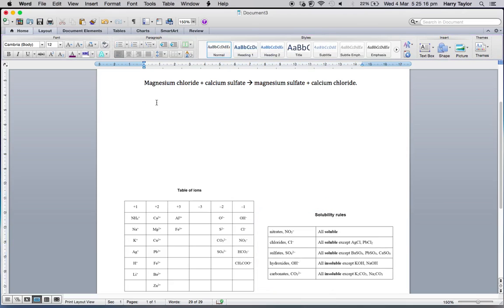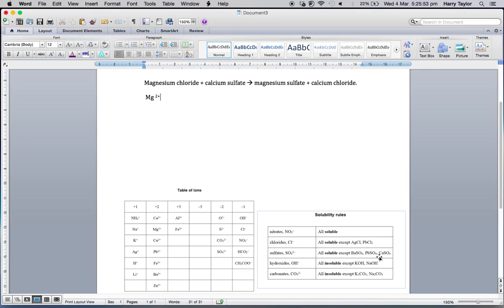So if magnesium is Mg, and if you look into your ion table, if you find Mg, it's 2 plus. And then in chloride, if you look into the solubility rules, all chlorides are soluble except for AgCl and PbCl2.